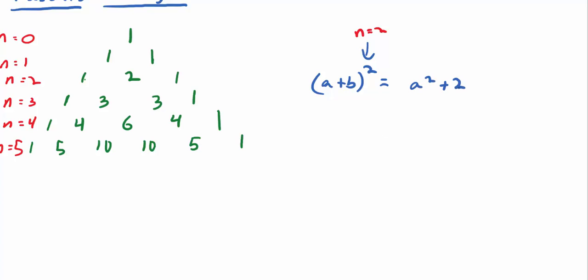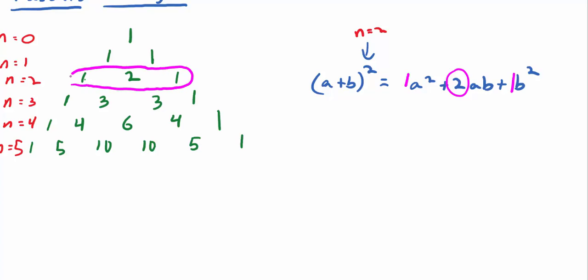A squared plus 2ab plus b squared. And look at the coefficients, 1, 2, 1, which exactly match the numbers in row 2 of Pascal's triangle. And that's not a coincidence.